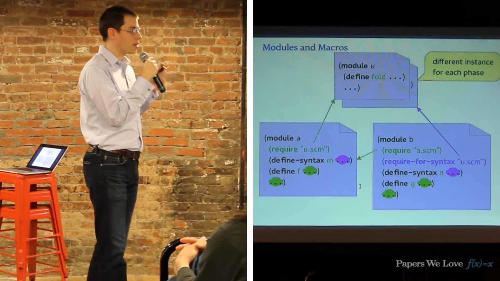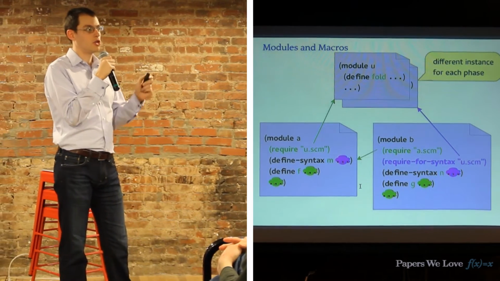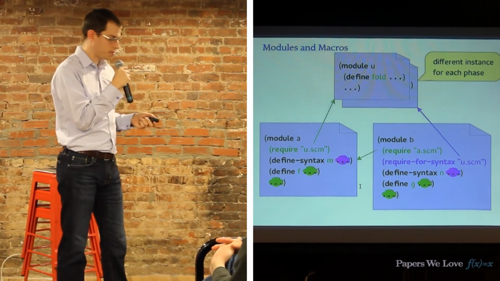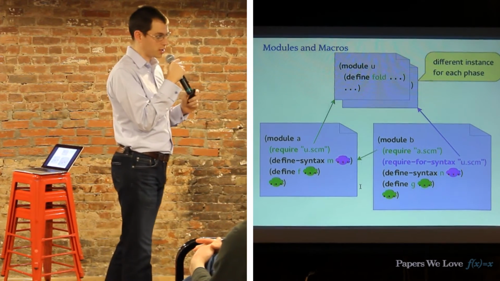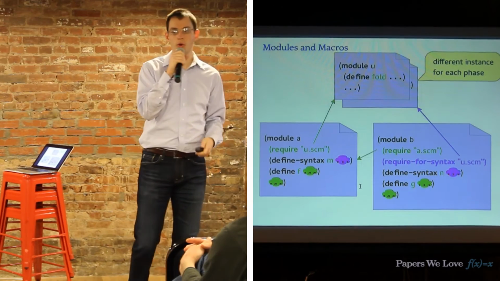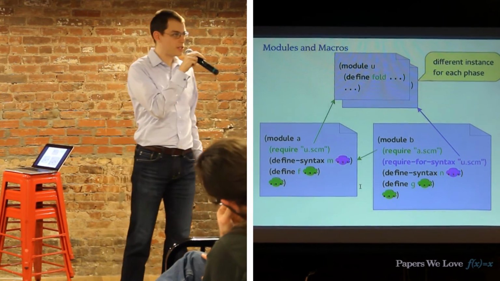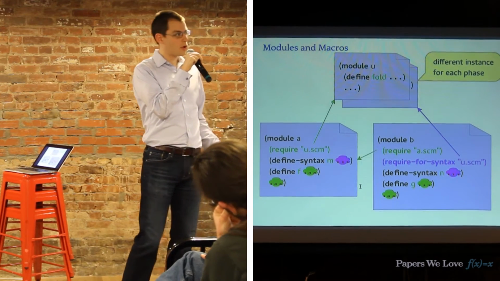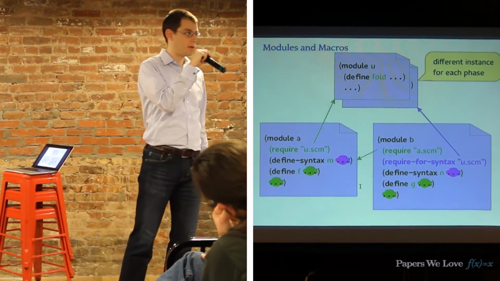And the important thing here is that we're going to need 2 instances of fold, and we're always going to get 2 instances of fold. If we just loaded this whole thing up into the REPL, we could say, well, we already got 1 instance of fold, why make another one?